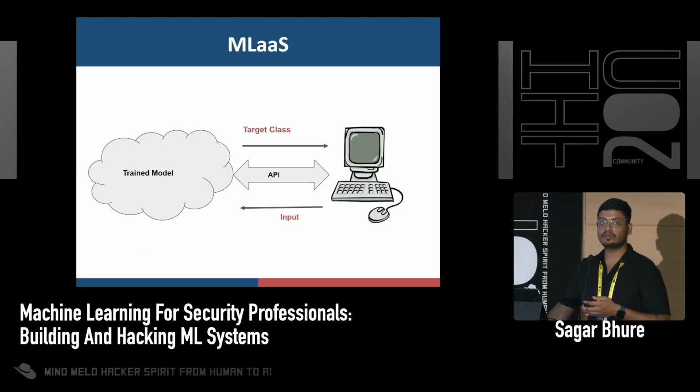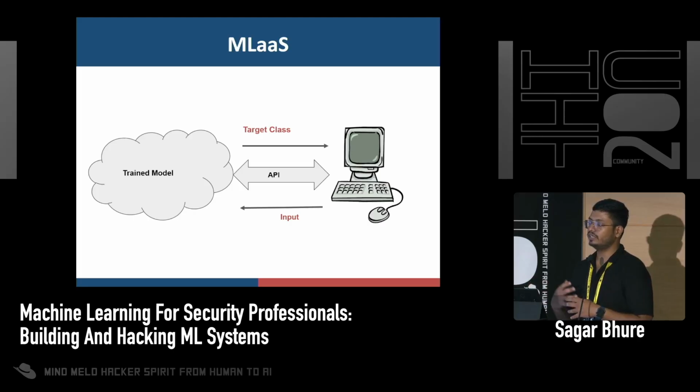Okay, so this is what ML as a service is: a trained model residing somewhere. Again, with a ChatGPT example, there is a target class and an input class. You have a target class for, let's say, spam classification. You provide it with a spam message, and it says, hey, this is spam or not spam.